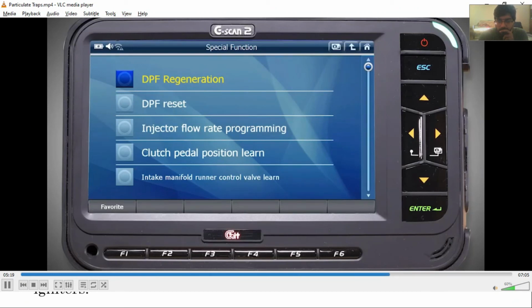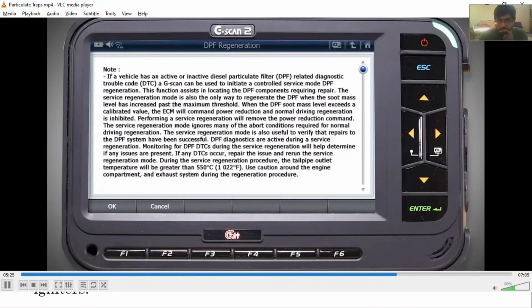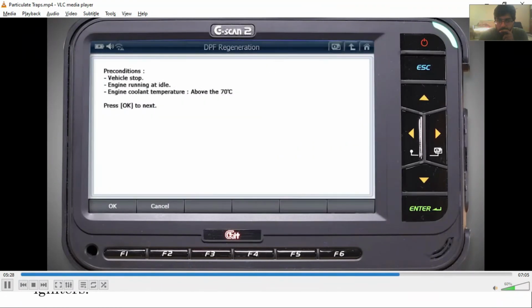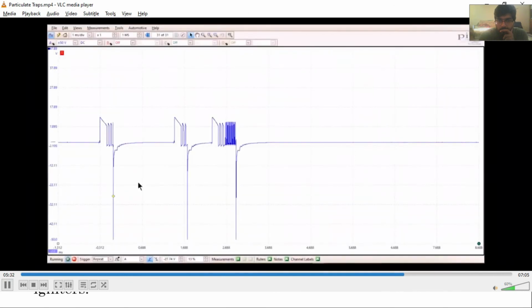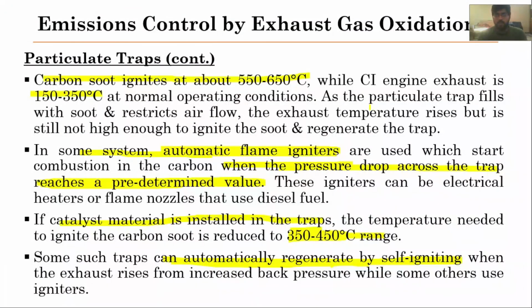On this scan tool, service regeneration is located in the Special Functions menu. Once the prerequisites are met, the scan tool will initiate a regeneration. The pattern starts off.